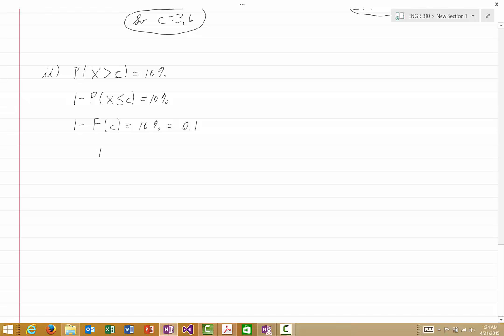And so we have F of C is 0.9. And so phi of (C minus mu) over sigma is equal to 0.9.